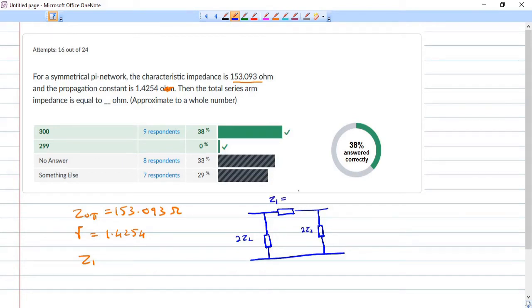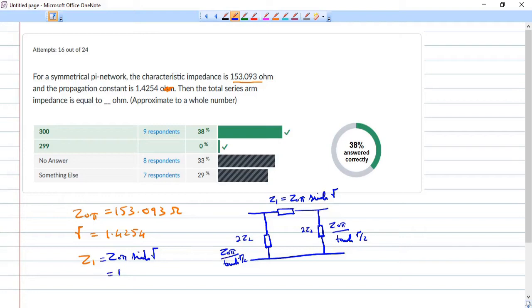So Z1 is equal to Z0 pi sinh gamma, and 2Z2 is Z0 pi on tanh gamma by 2. So we are asked what is Z1. So Z1 is nothing but Z0 pi sinh gamma.